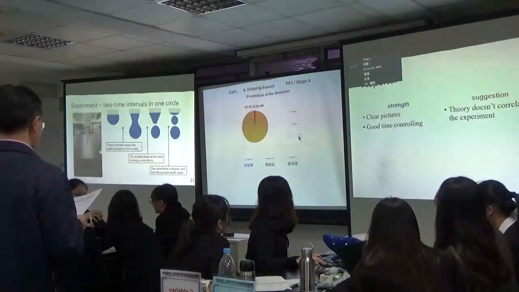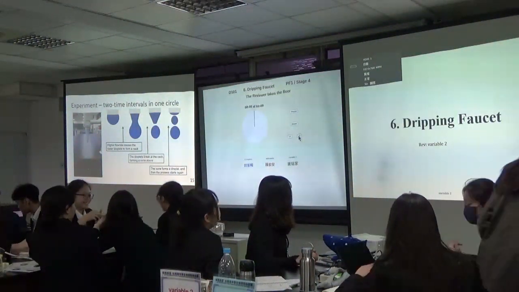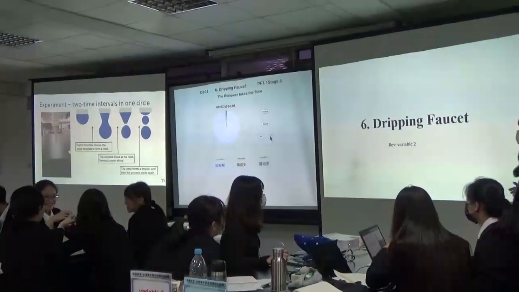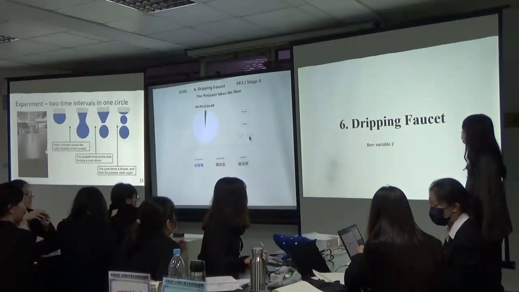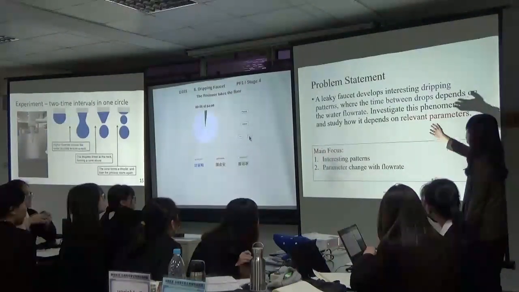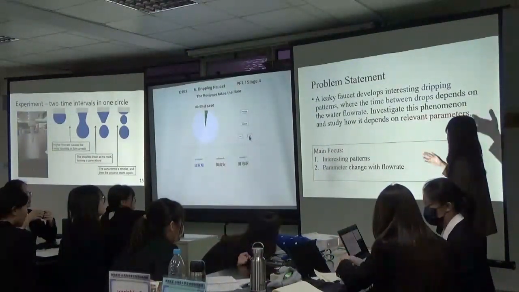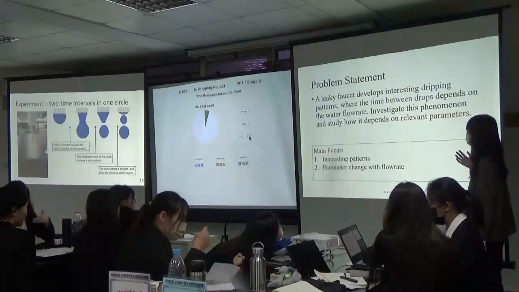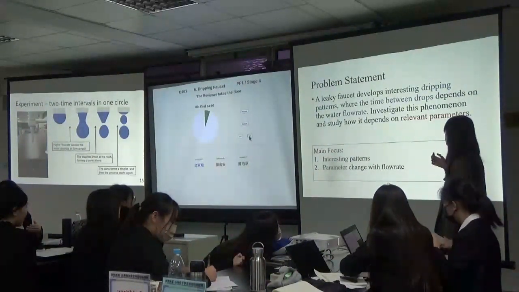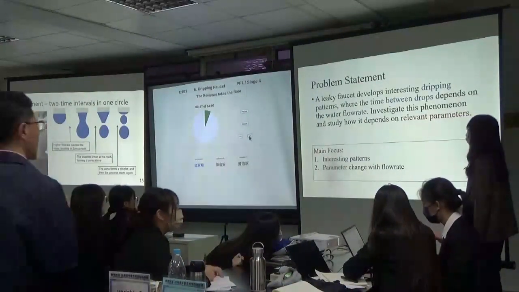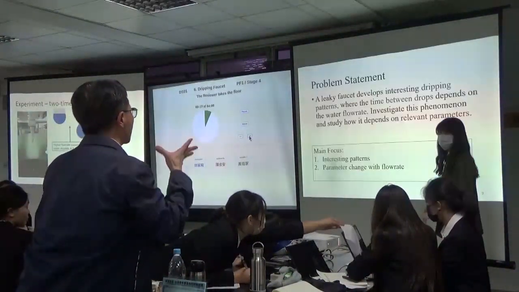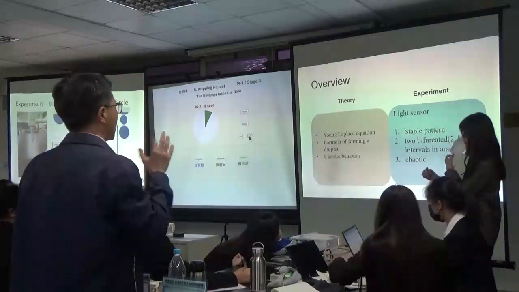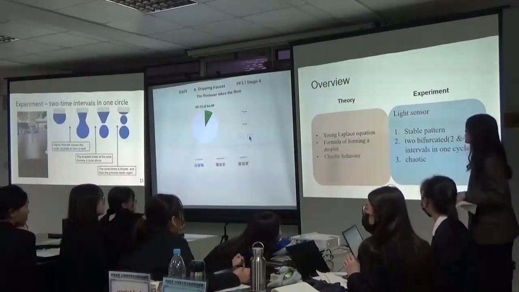The reviewer takes the floor. Here's the first thing. Excuse me, could you speak louder? The jury could not hear you clearly. Here's the overview.